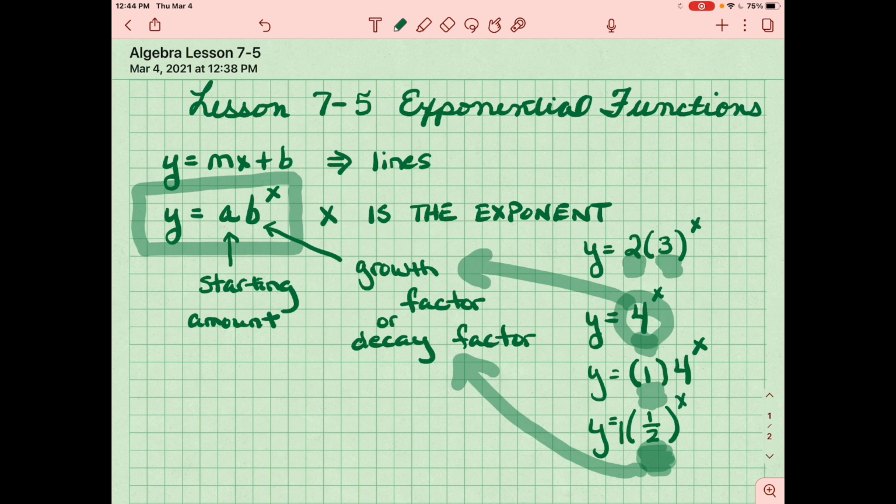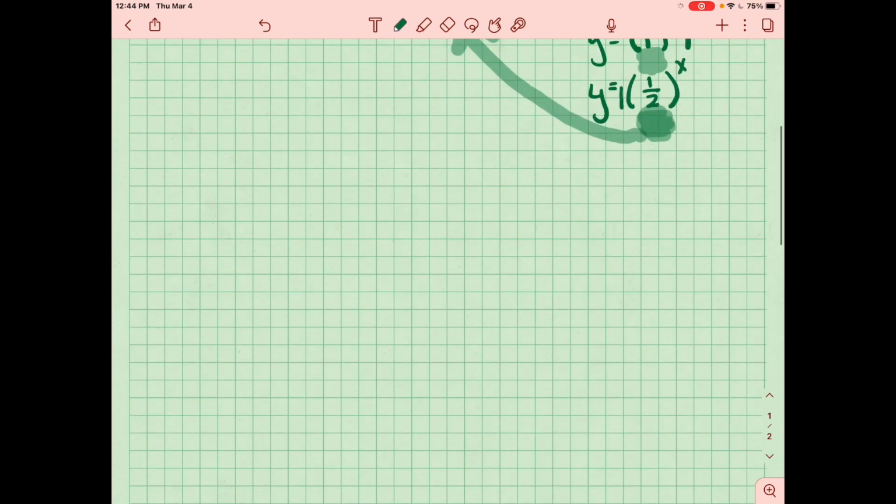All right, so let's have a look at this. This problem says graph y equals 3 to the x. So if I made a little table of values for x and for y, I might plug in some numbers like -2, -1, 0, 1, 2.